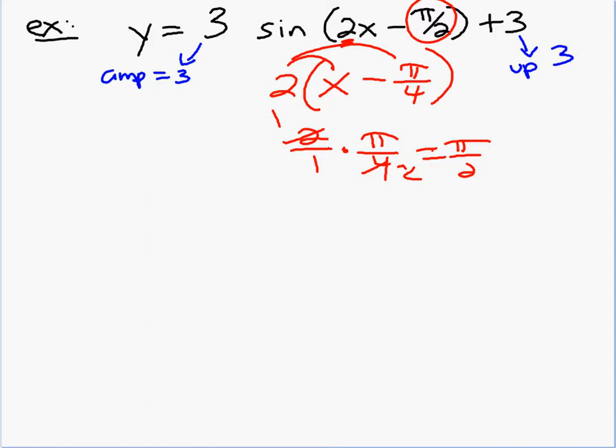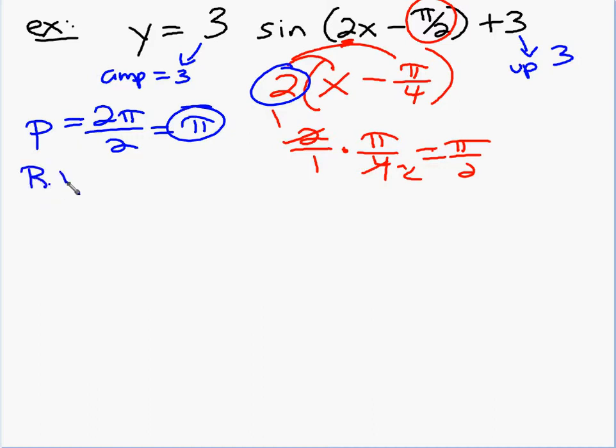So now we're ready to graph this thing. Almost. Sorry, we need to take care of my period. My period is 2 pi divided by 2, so my period is pi. Our process is still the same. The next thing I need to do is road markers. So my road markers are going to be pi times 1/4, which is pi fourths.